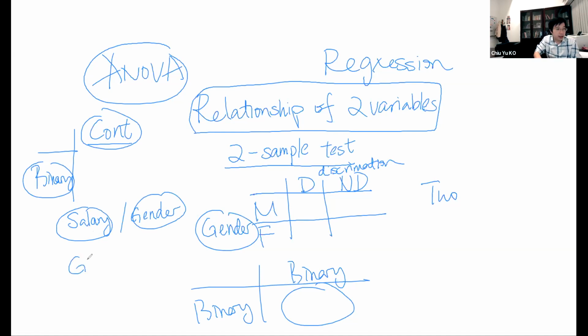Or I look at the GPA. Is GPA going to be different by gender? But this is what ANOVA is. Whether grouping will make a difference, right? It's a continuous variable and we test the difference. And it's more general than two sample, two category. You can have multiple categories, right?